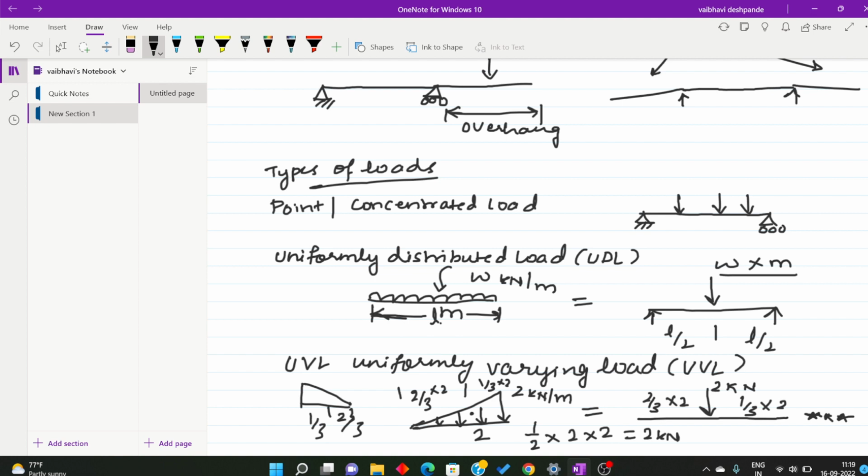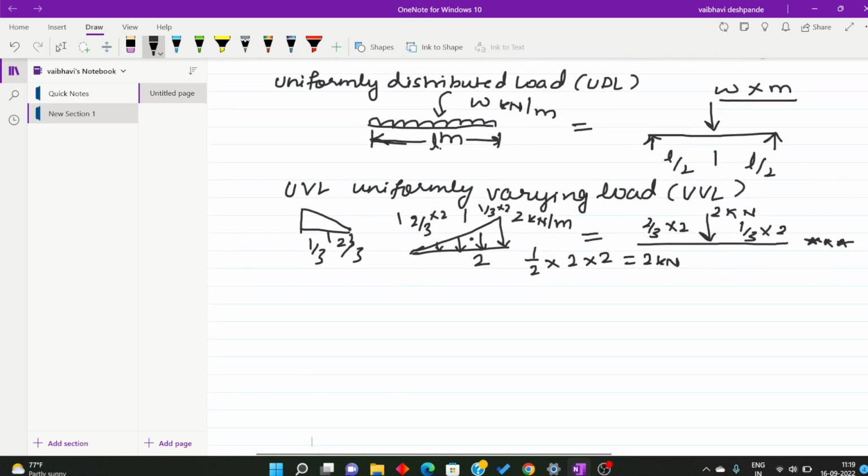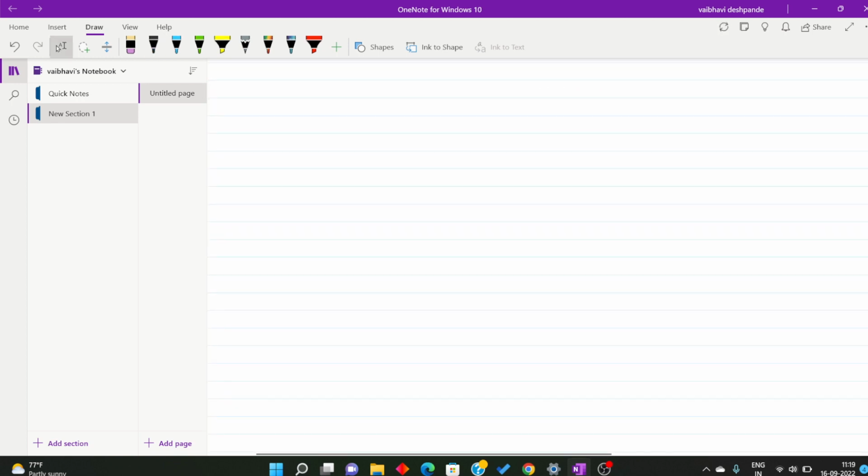Okay, next let us solve the problems on support reactions. First, they have asked to determine reactions at A and E for the given beam. So, let me draw the beam given. It is a hinged support here.